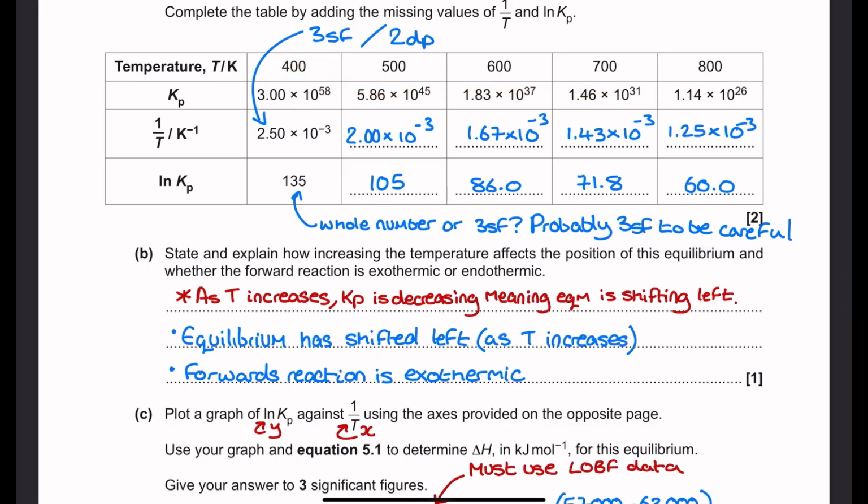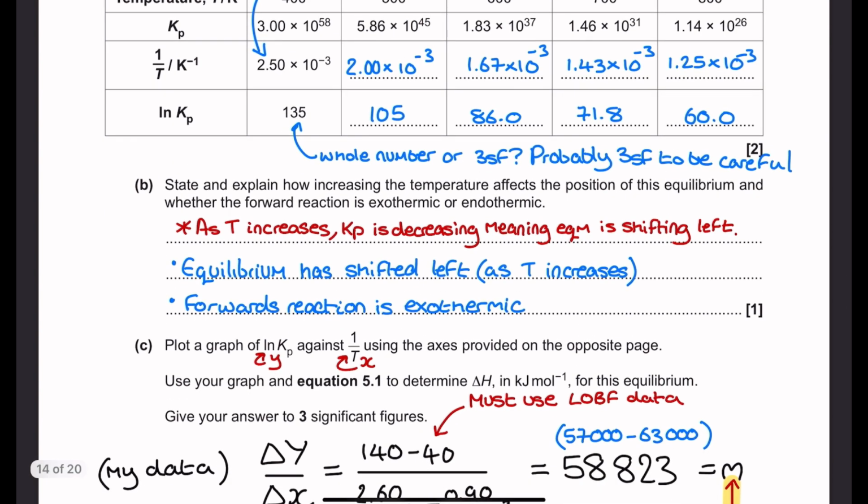Now, whenever you increase temperature, you're going to shift the position of equilibrium in the endothermic direction. Remember that. Also, when Kp is getting lower, that means the position of equilibrium is shifting to the left-hand side. Let's pair those bits of information together. As temperature increases, Kp is decreasing, meaning that equilibrium is shifting left, which leads us to our answer.